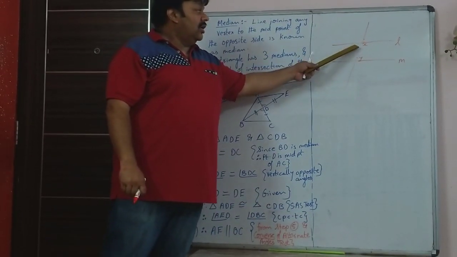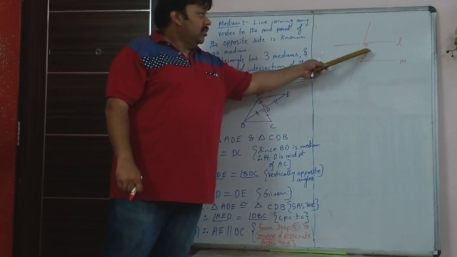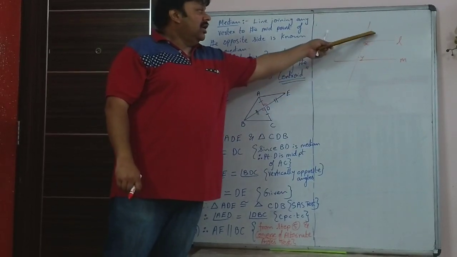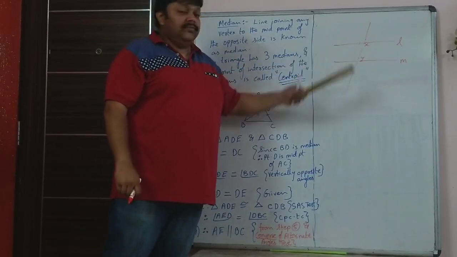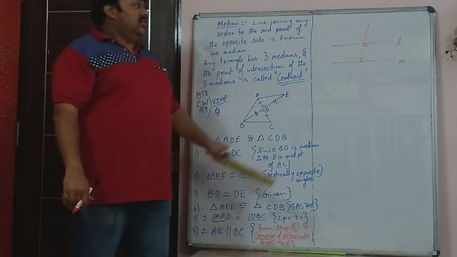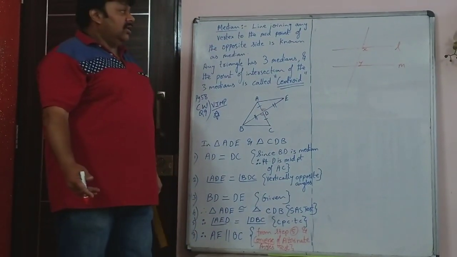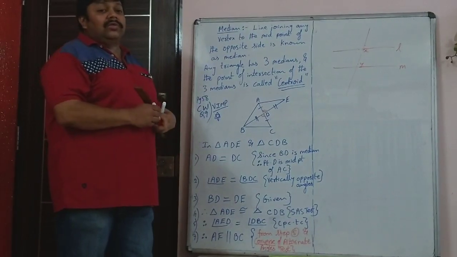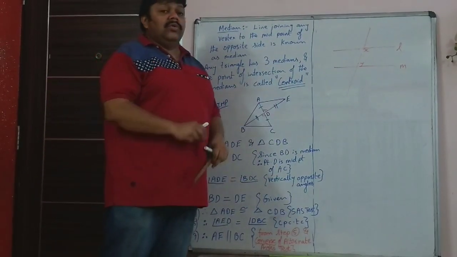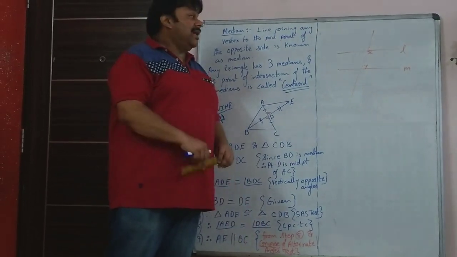Either you use alternate angles, or you use corresponding angles are equal, or you use sum of interior angles is 180 degrees. If you use any one of these three tests, you can prove that the two lines are parallel.